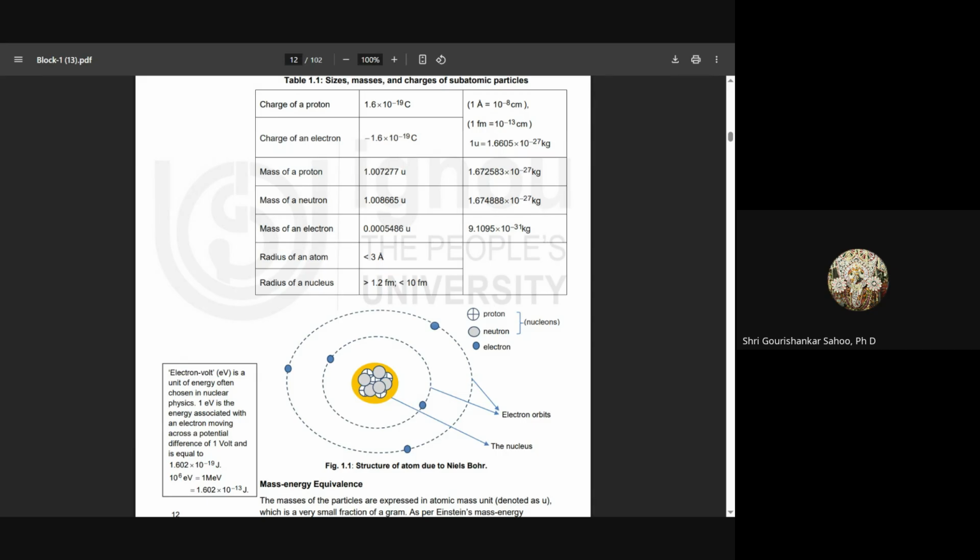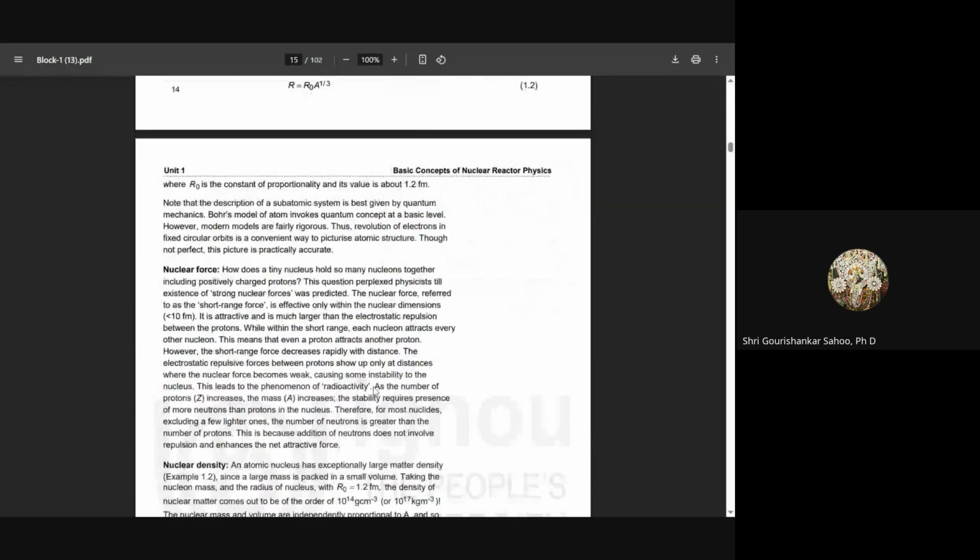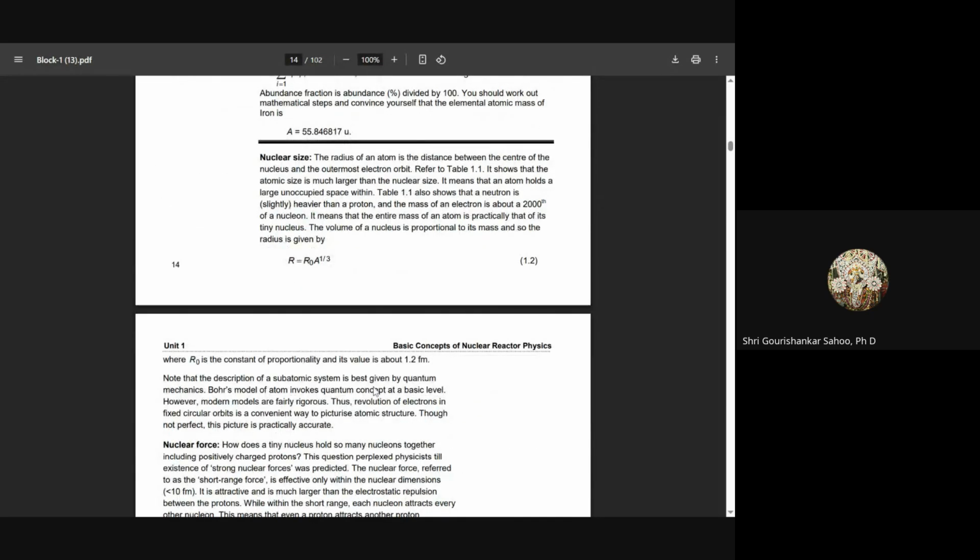Angstrom is 10 to the power minus 10, but fm is 10 to the power minus 15. So the atomic radius is 10 to the power 5 orders larger than that of the nuclear radius. So an atom holds a large unoccupied space, which was discovered during the Rutherford experiment.